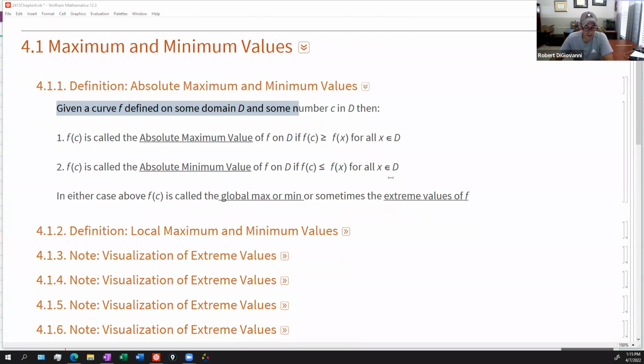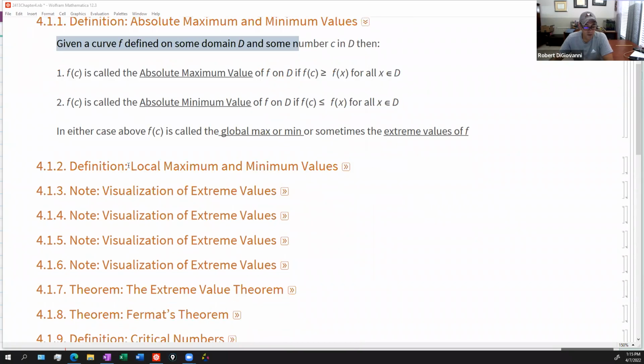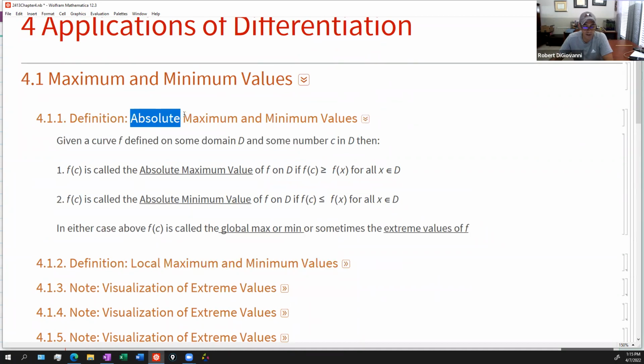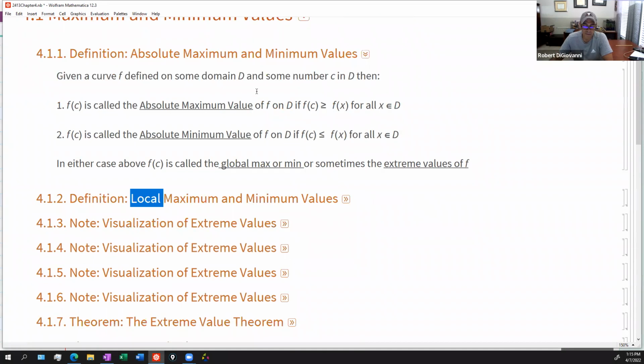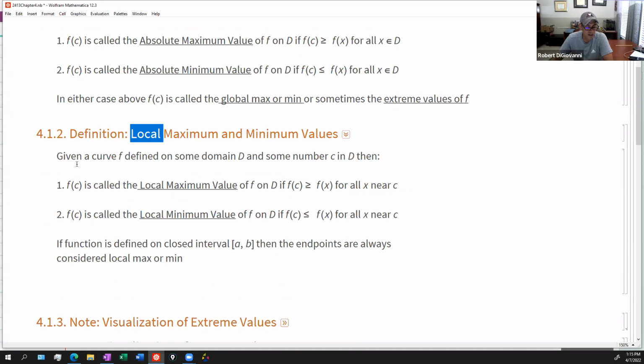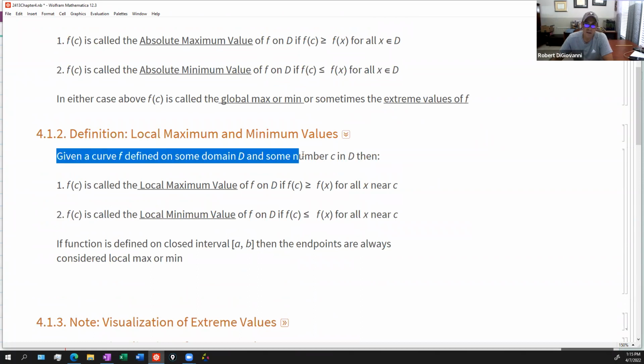Now, the second definition is the local maximum and minimum values, not absolute. The difference between these two is subtle, but it's important. Here's the definition. Same thing, you're given some function on some domain, and we have some point f of c.